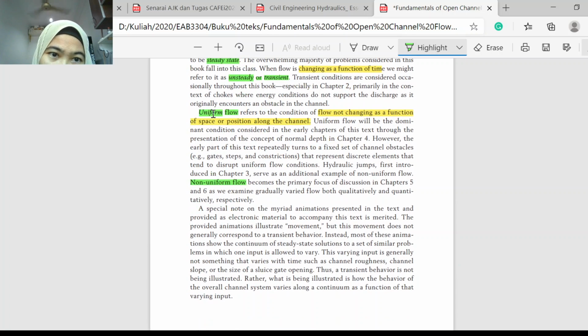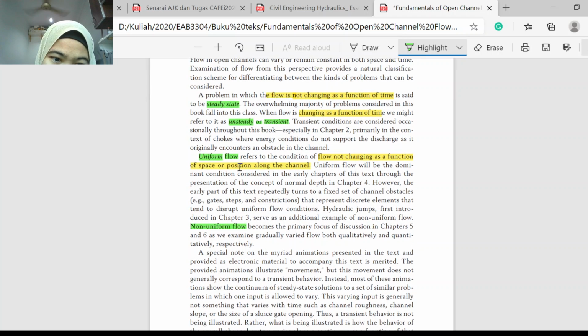Next we have uniform flow, which refers to the condition of flow not changing as a function of space or position along the channel. But we also will deal with non-uniform flow, which is changing as a function of space and position. We will look at this in these open channel problems.